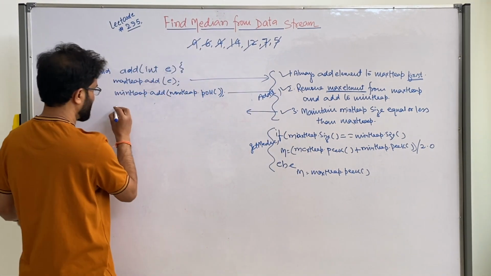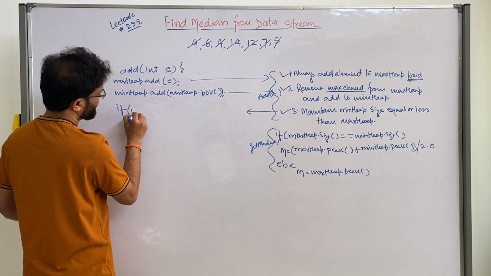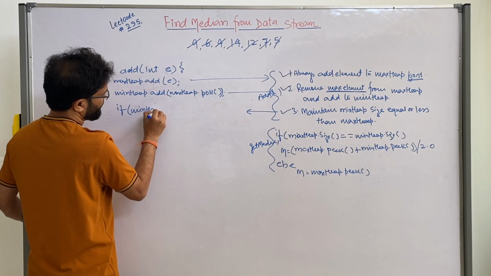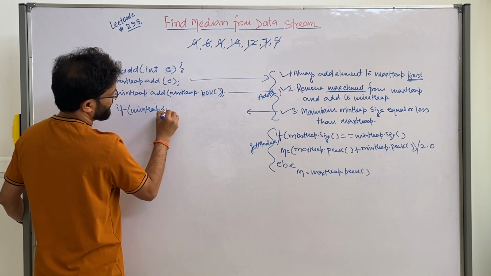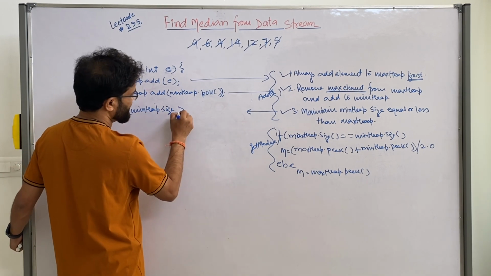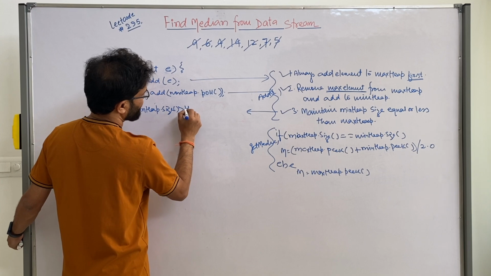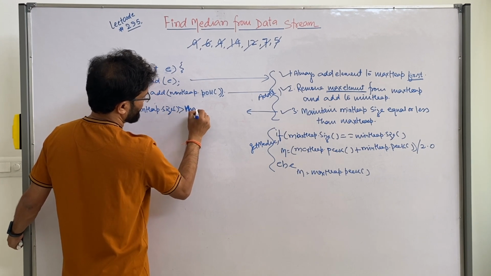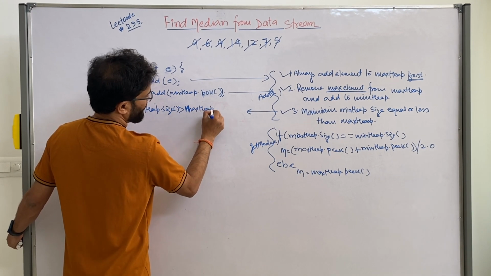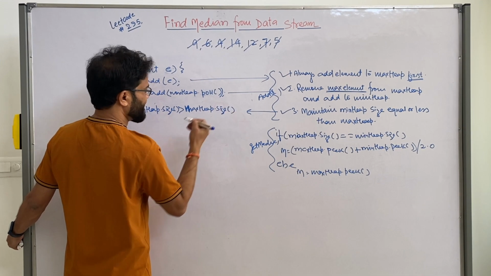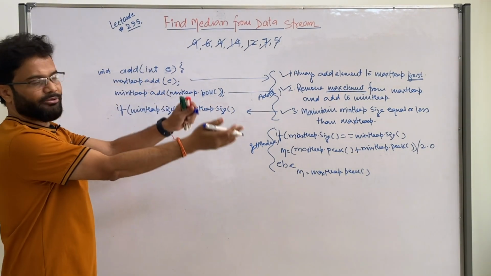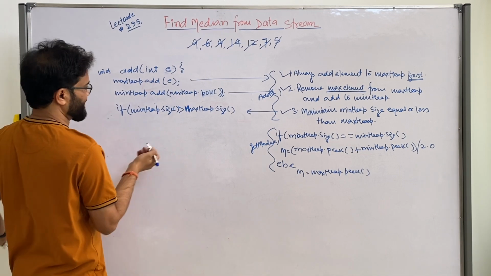Now the third step. Check if min heap size is greater than max heap size, then what you have to do? Take from the min heap and put into the max heap, right?